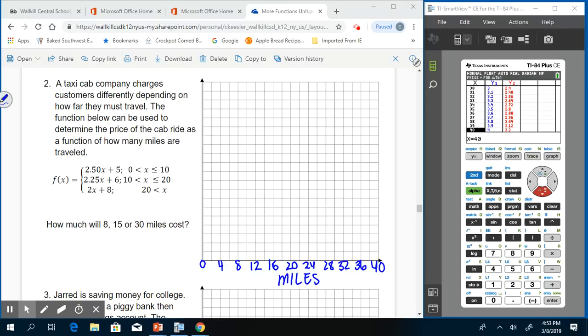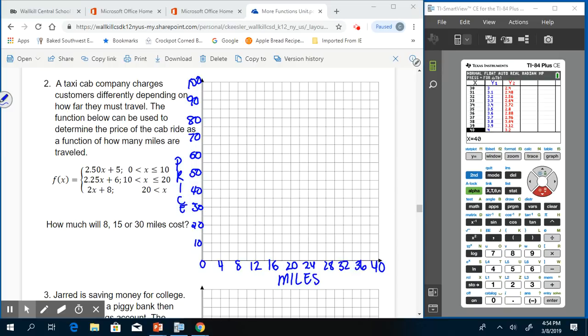If we want to go to 100, there's 20 boxes again. 20 times 5 makes 100, so we want to break it up by 5s or 10 every other. And this would be price.